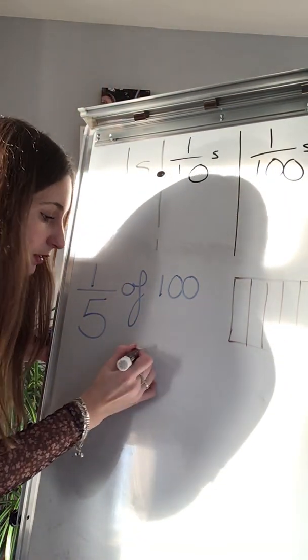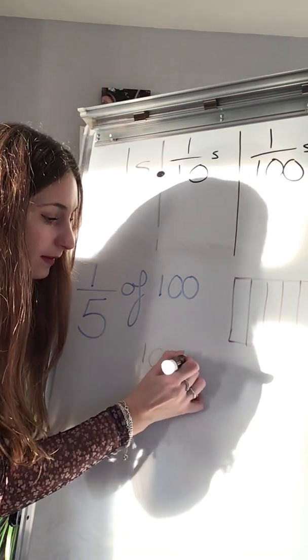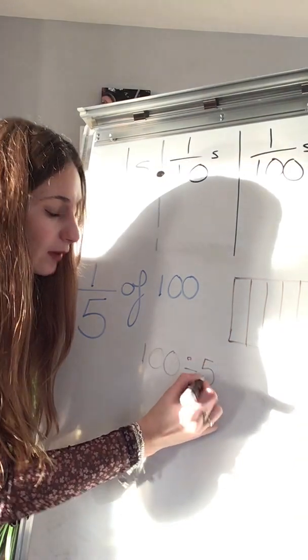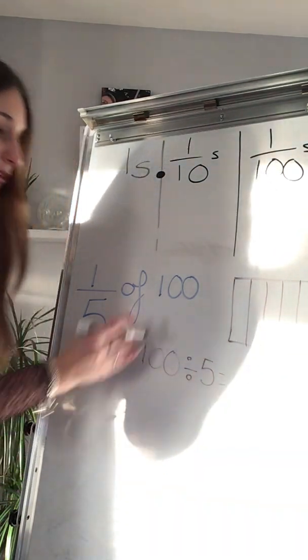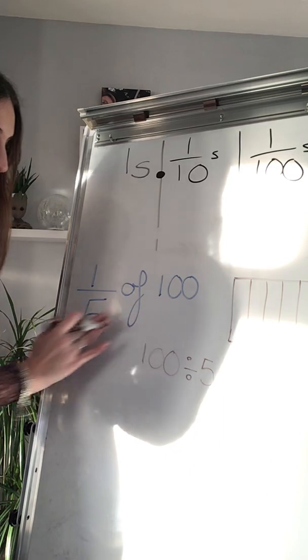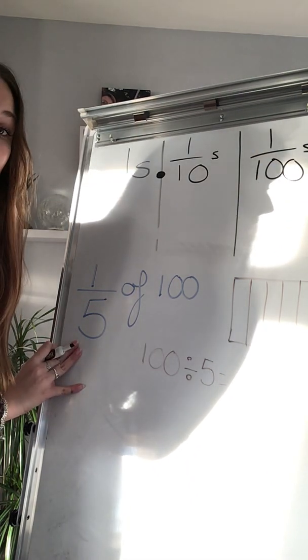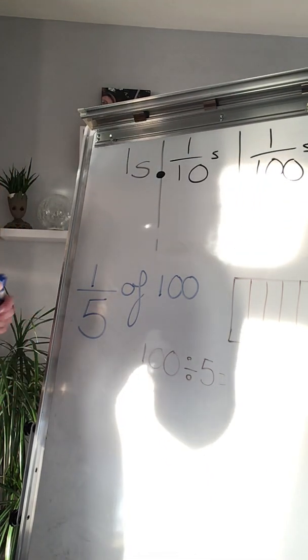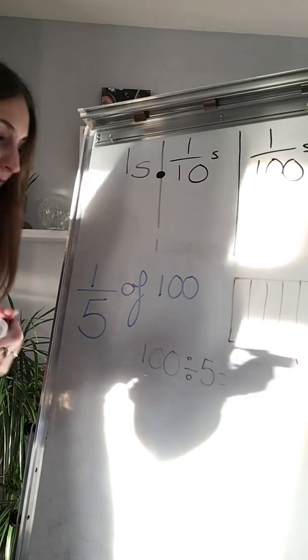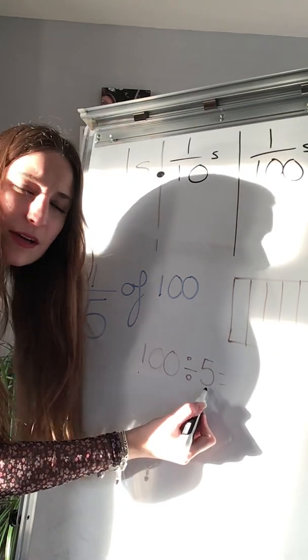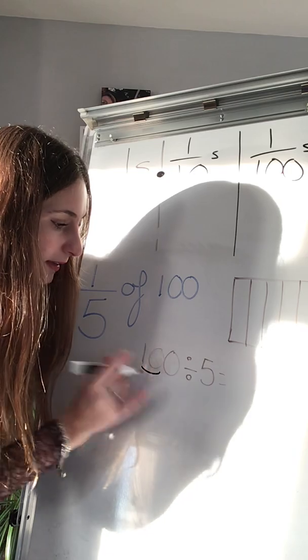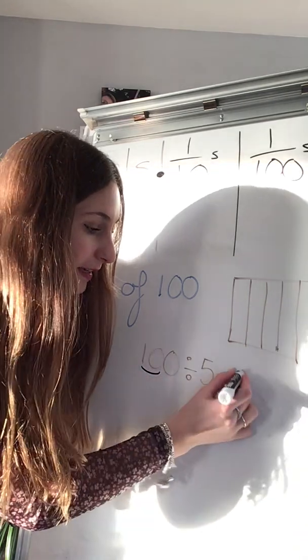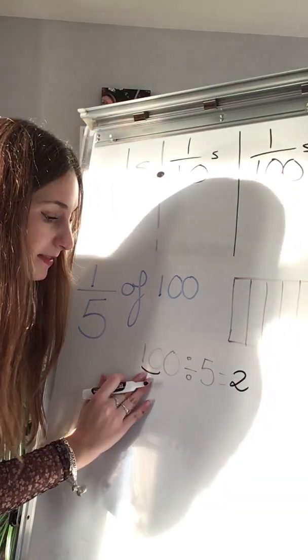So you will need to get your 100 divided into 5 equal parts. If you get 100 divided by 5, you do get what? 1 divided by 5, I cannot do that, so I'm getting 10. 10 divided by 5 is 2. 2 times 5 is 10.